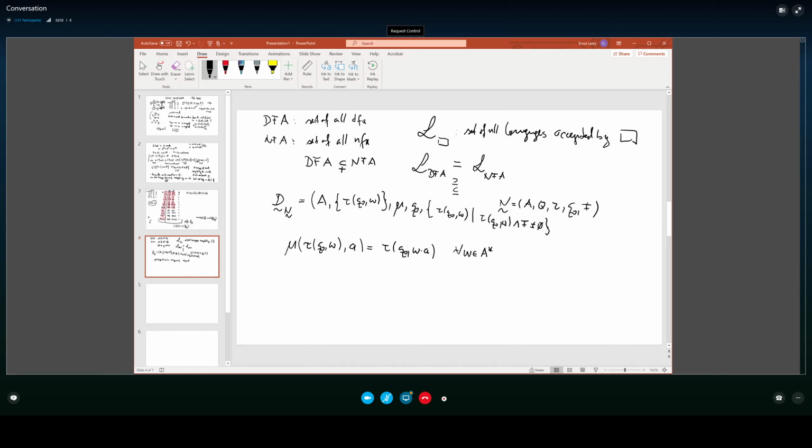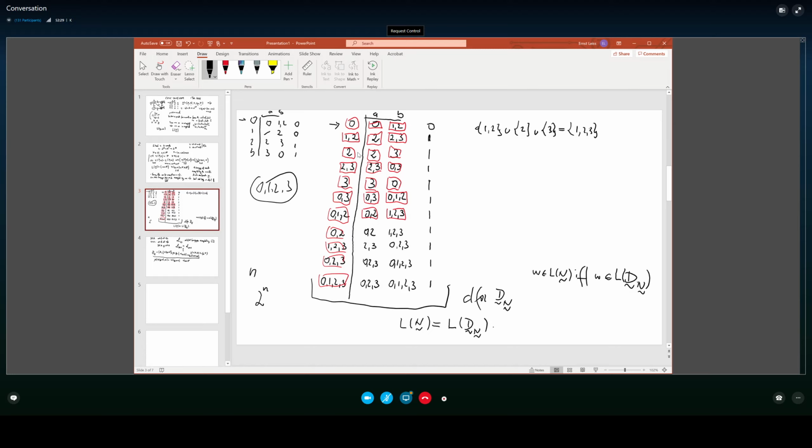So that completely defines the derived non-deterministic finite automaton, and it is simply a formal way of writing down what we have done in this process.